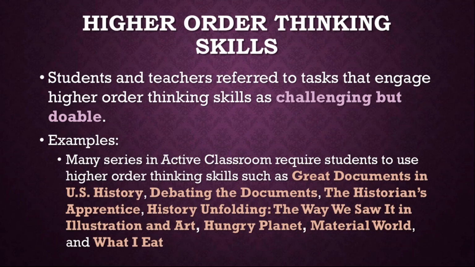Students and teachers refer to tasks that engage higher order thinking skills as challenging but doable. Many series in Active Classroom require students to use higher order thinking skills, such as Great Documents in U.S. History, which has students answer questions about certain documents, Debating the Documents, where they are asked to verify or decide which ones are the most reliable, The Historian's Apprentice, which allows them to practice historical thinking skills, History Unfolding, the way we saw it in illustration and art, has them do this with pictures and graphics.